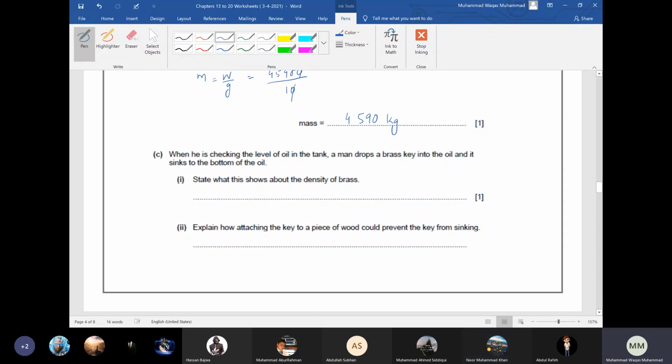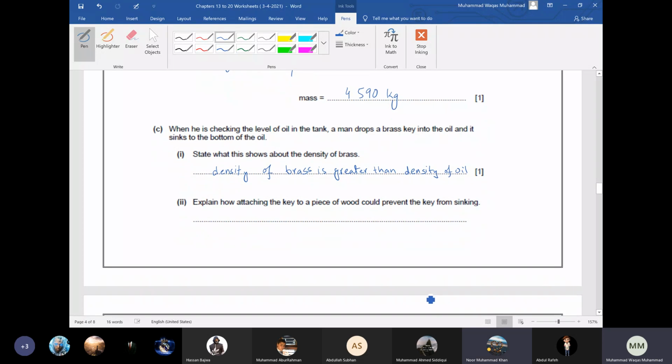So beta, the density of brass is greater than the density of oil. Okay. Explain how attaching the key to a piece of wood could prevent the key from sinking.